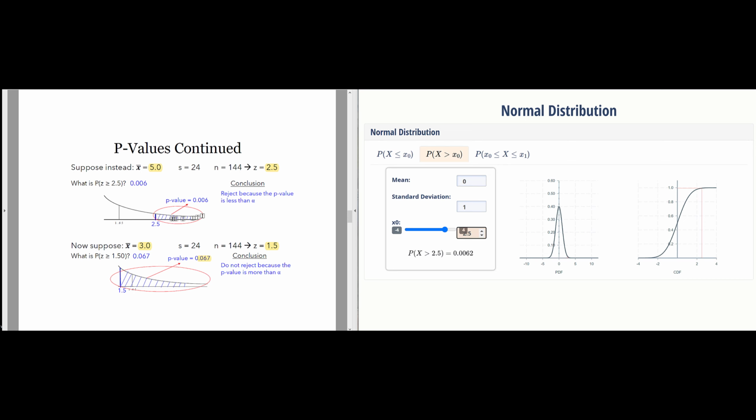Okay, and so 0.006 is so much smaller than 0.05 that we can say we reject the null hypothesis, with a p-value of 0.006, which is a very significant rejection.